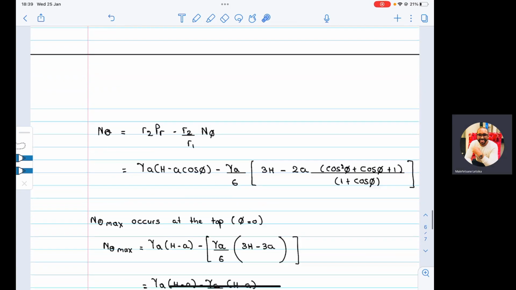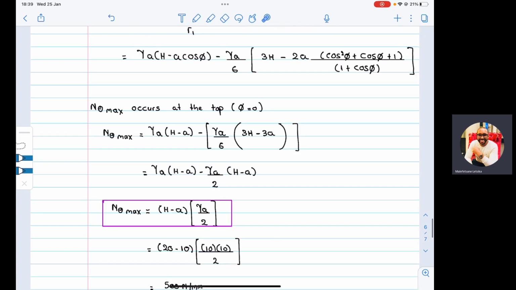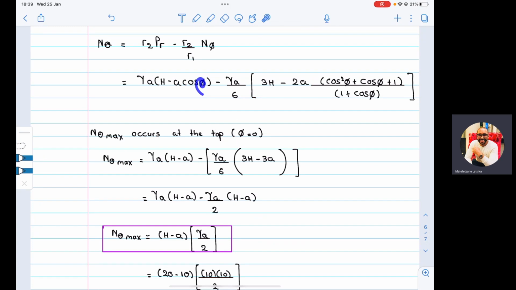That's why I've said N theta max occurs at the top where phi is 0. Therefore, I've substituted phi equals 0 into this equation, and this is what you get.